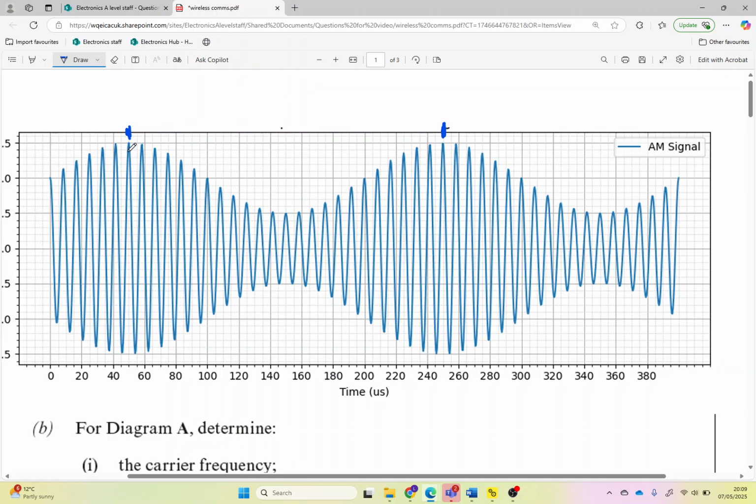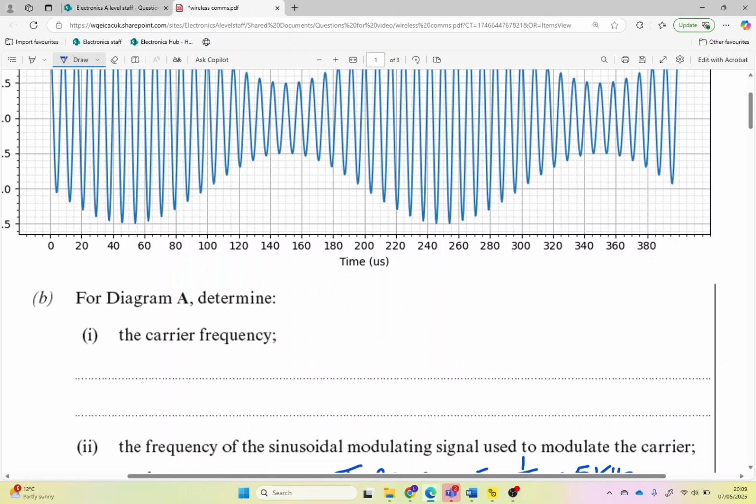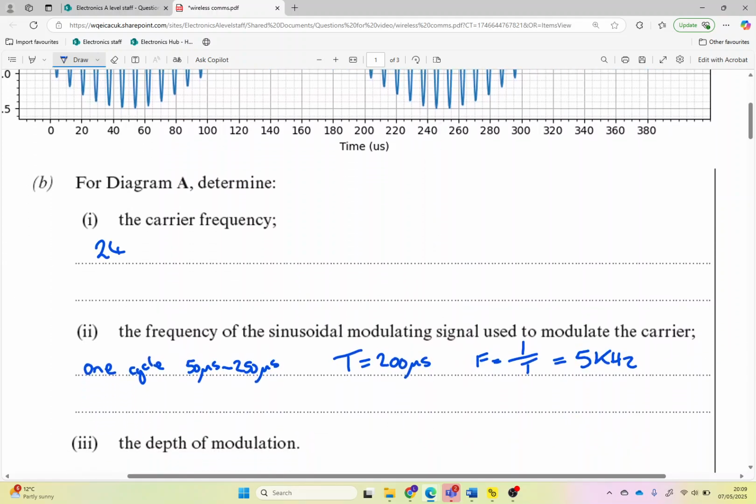Now what I can also do is count how many complete cycles it does in between there and there, and then use that to average out the time period for my carrier frequency. So if I count this, I've got 24 cycles, 1, 2, 3, 4, 5, 6, 7, 8, 9, 10, and so on. You can pause the video if you want and count. There's 24 cycles in that 200 microsecond period.